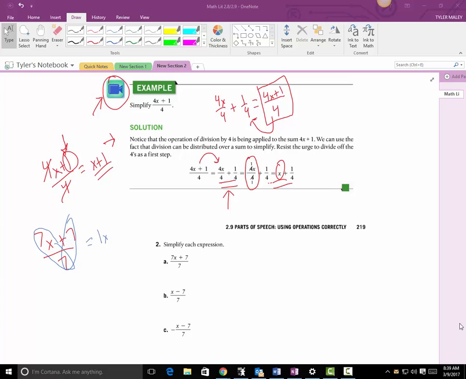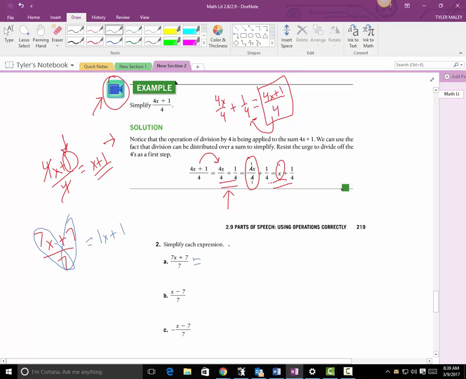So I would have 1x plus 1. If you like to do it a little more mentally, you could do it this way. But if that doesn't work for you, or you'd rather write it out, then I would do that. So let's try it by writing it out.